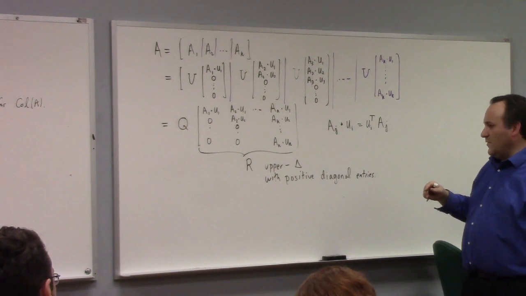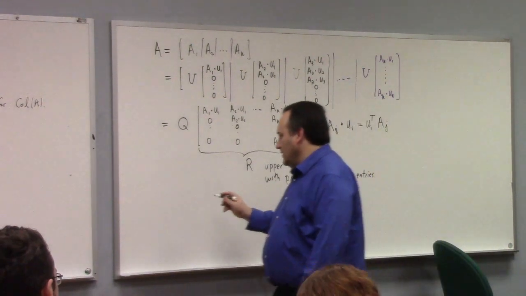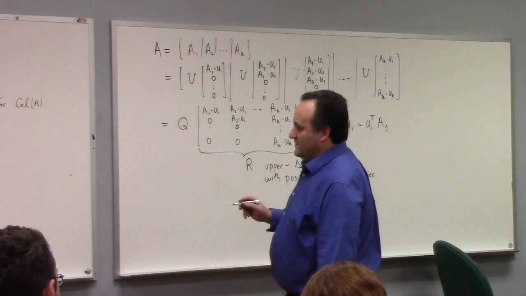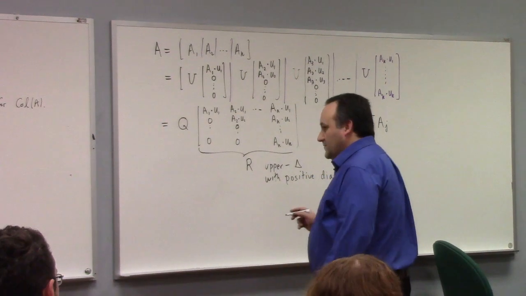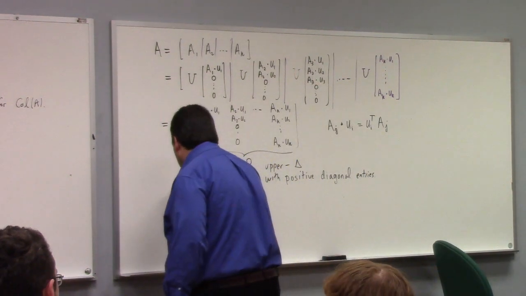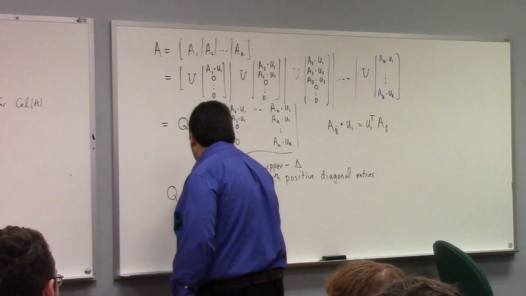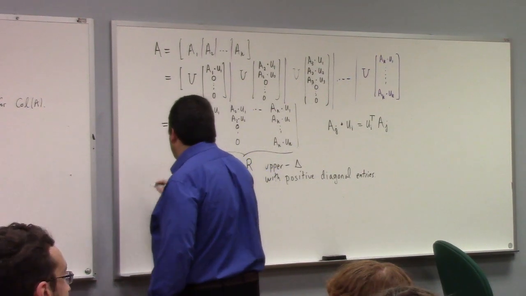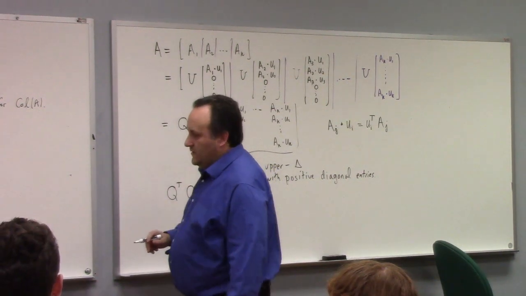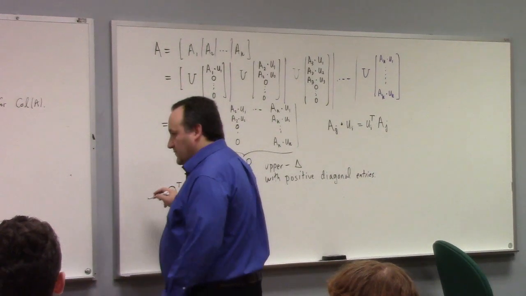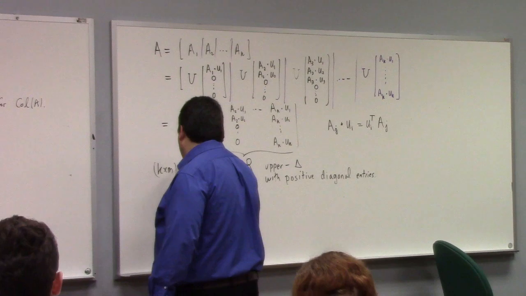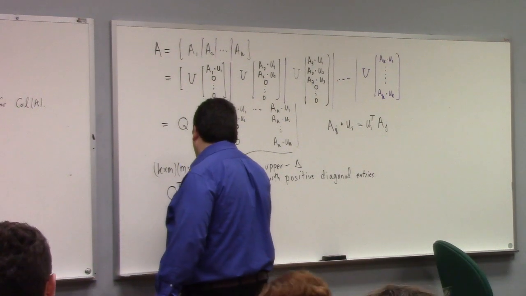Now, why is this interesting? Because Q, goodness gracious. So Q is what happens when we multiply, say, Q transpose times Q. What's that equal to? So Q was what, M by K? So Q transpose is K by M, times M by K, right?